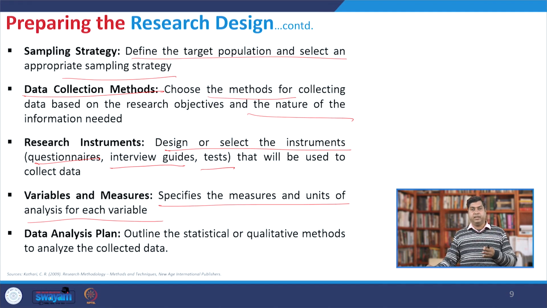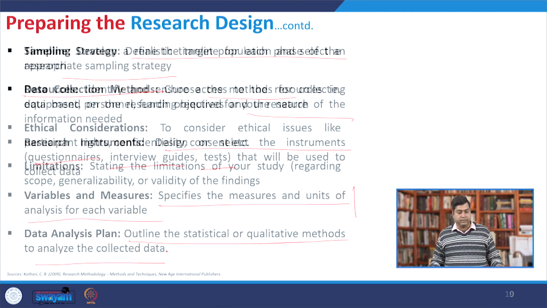We will discuss in detail whether there is any difference between all those terminologies required for my research. Once that is fixed, we have the data analysis plan, which will outline the statistical, qualitative or quantitative methods based on the data collected.